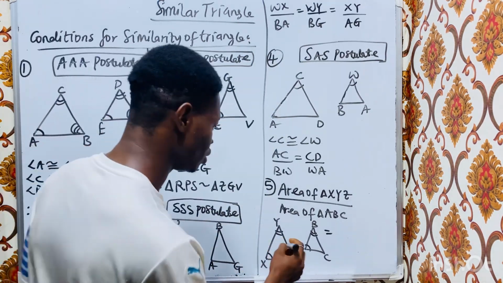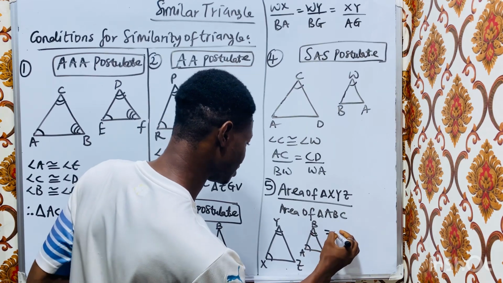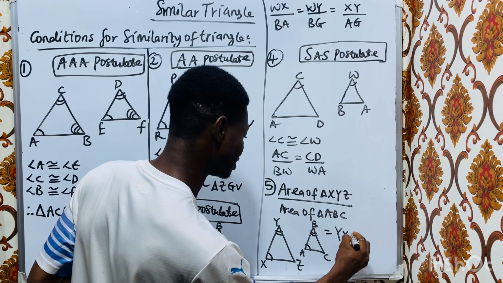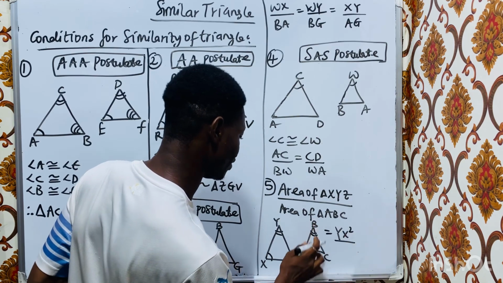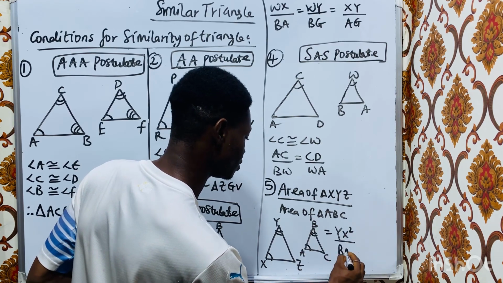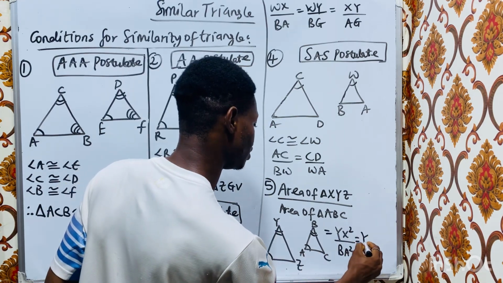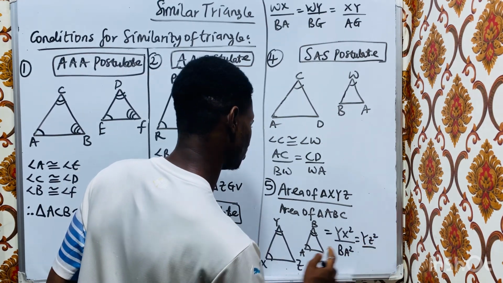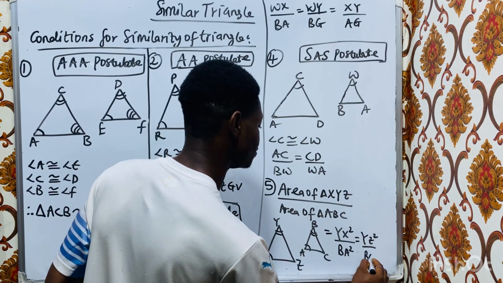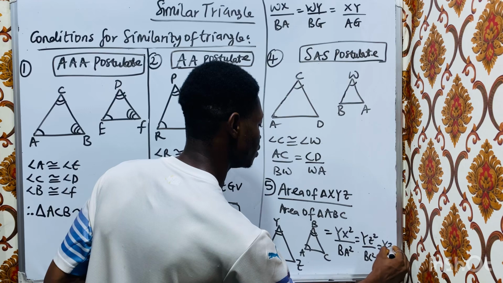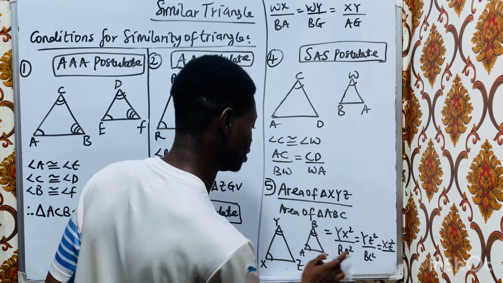The only difference now is that we are going to have YX squared over BA squared is equal to YZ squared over BC squared, which is equal to XZ squared over AC squared.